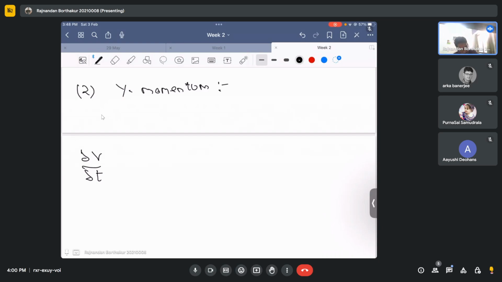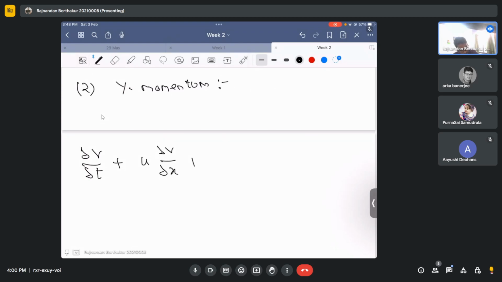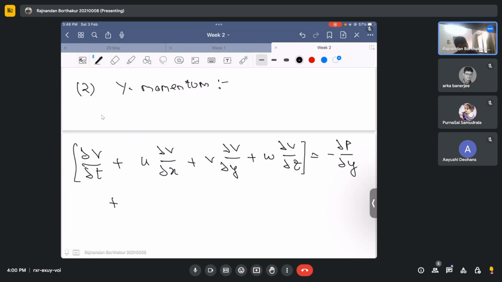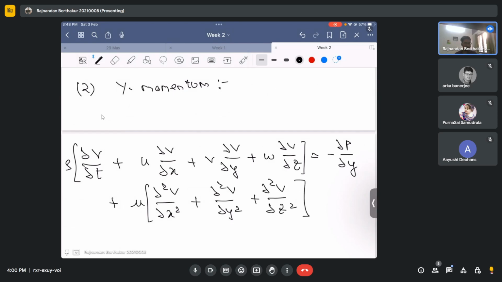The y direction velocity is v, so I write del v by del t plus u times del v by del x plus v times del v by del y plus w times del v by del z equals minus del p by del y plus, there would be a rho here, mu times del square v by del x squared plus del squared v by del y squared plus del squared v by del z squared. And I'm disregarding any body forces, as you can see.